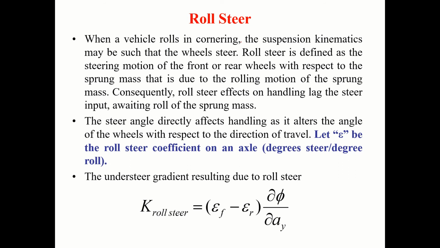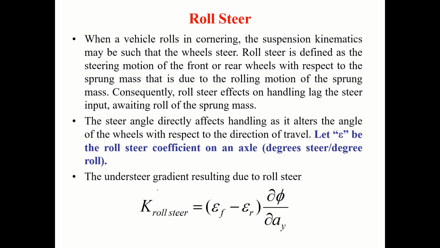When a vehicle rolls in cornering, the suspension kinematics may be such that the wheels steer. Roll steer is defined as the steering motion of the front or rear wheels with respect to the sprung mass that is due to rolling motion of the sprung mass. Consequently, roll steer effects on handling lag the steer input, avoiding roll of the sprung mass.